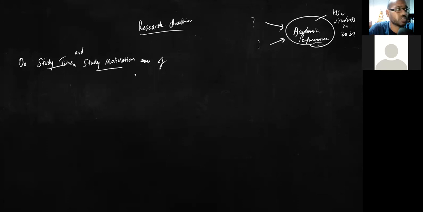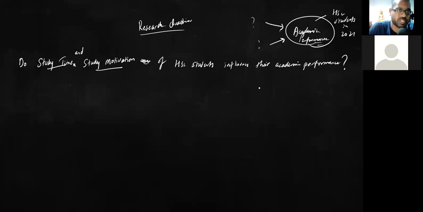So the full research question is, do study time and study motivation of HSC students, of course, in Mauritius, I would not say that, of HSC students, influence their academic performance. So that's our research question here.